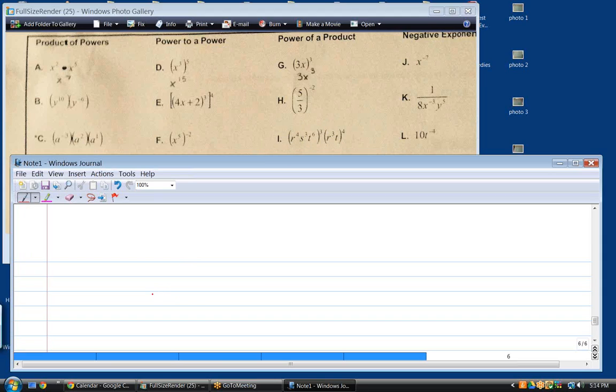What order are we going to do things in? Multiply, or the exponents? Do the exponents first. So this part here, that's r to the fourth, s to the third, t to the sixth, cubed. What does that become?